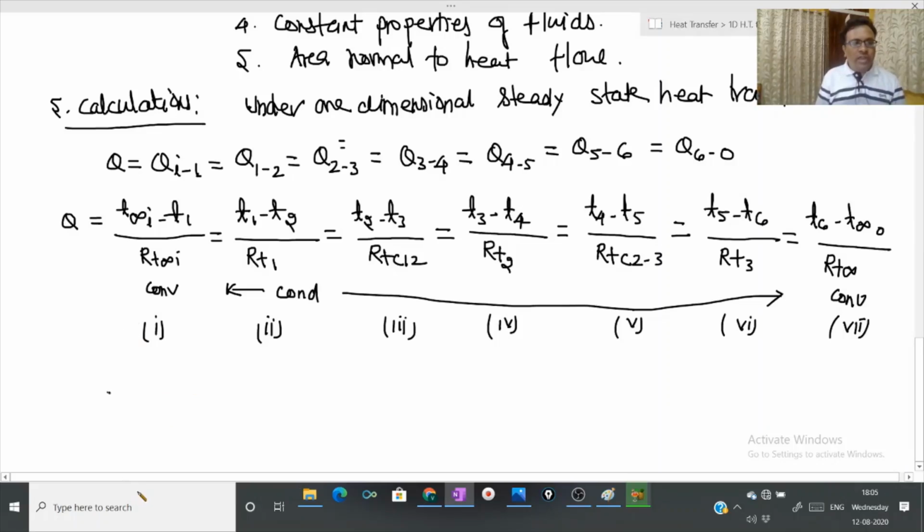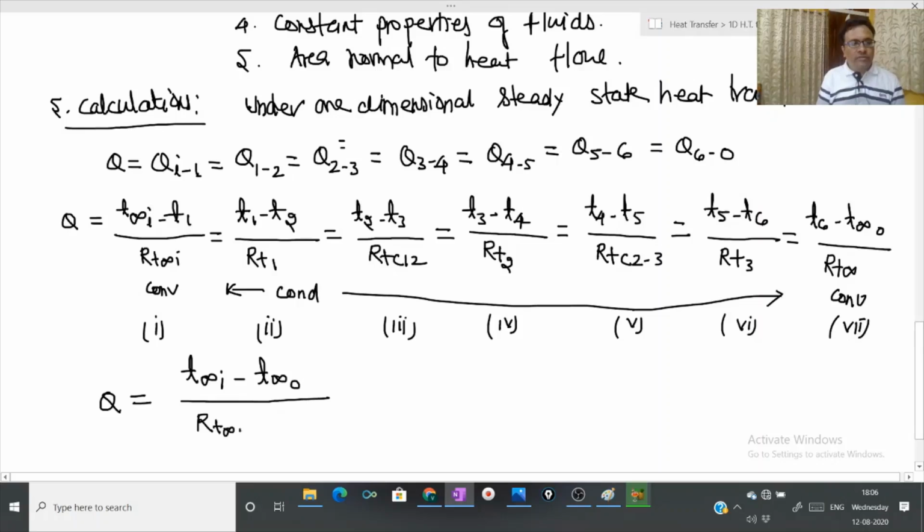And how can I write it? If I want to write the equation of rate of heat transfer between temperatures T infinity I and T infinity O, then all these thermal resistances will get added up.